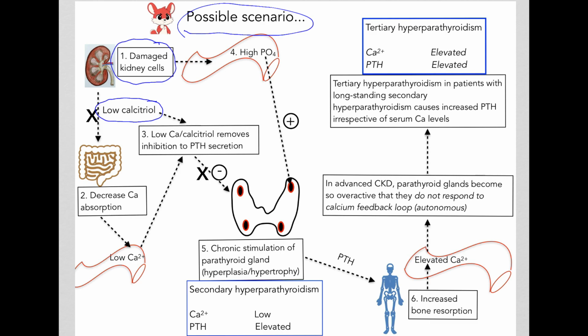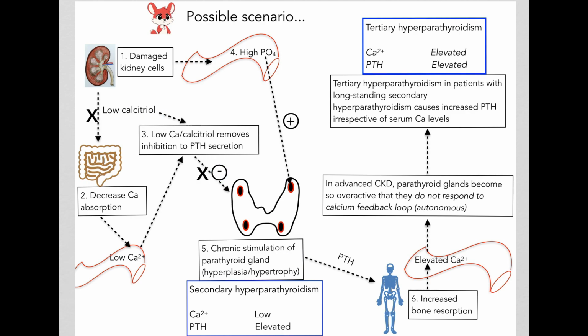Without sufficient calcitriol, there's going to be decreased calcium absorption from the GI tract, and that's going to decrease the levels of calcium in the bloodstream. In addition, because of the low calcitriol, there is no more inhibition by calcitriol of PTH secretion. So this is going to increase the secretion of PTH.